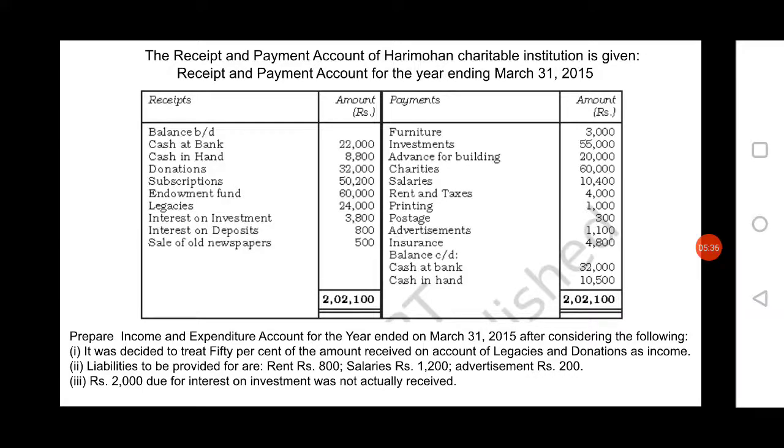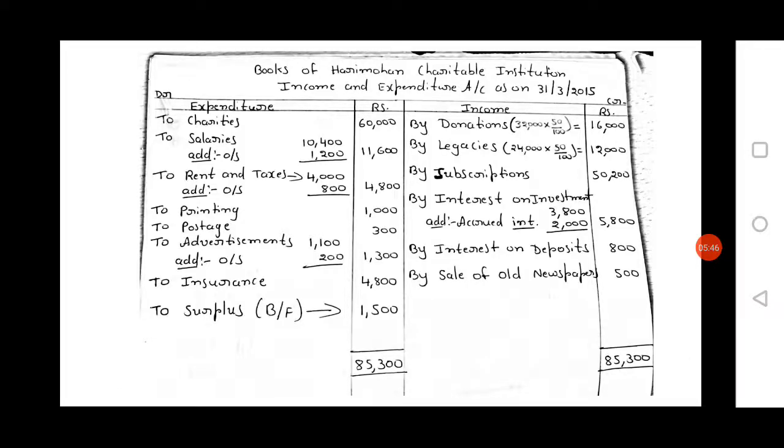Here the donation full book value is 32,000. Of 32,000 only 50% should be considered as revenue received. Therefore on the income side, by donation 32,000 book value, of that only 50% you have to consider as revenue income. Then you will get 16,000.